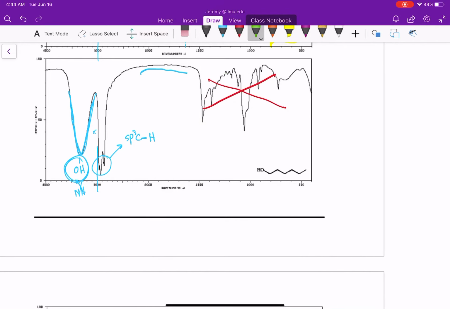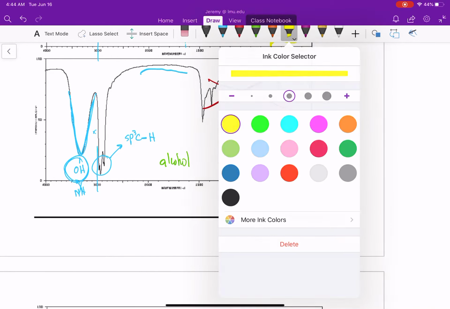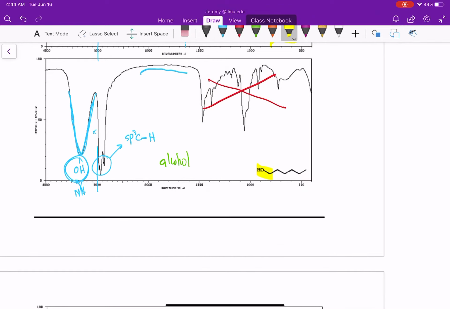This tells us that we have an alcohol. Okay, we have an alcohol here, and we can see that functional group in the structure. Again, this alcohol could be lots of things. It could be propanol, it could be cyclohexanol. There are a lot of different molecules that can have a very similar IR spectrum.